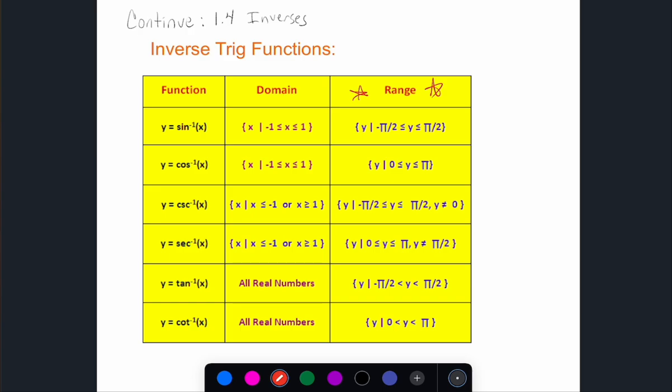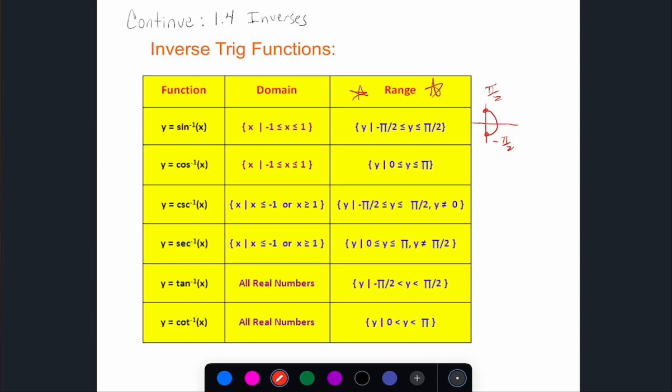Okay, for a sine, we need to restrict it. We're going to go from positive pi over 2 to negative pi over 2 and any value in between. Normally we would go all the way to pi, or we would go through the circle in a positive direction to get positive and negative values.